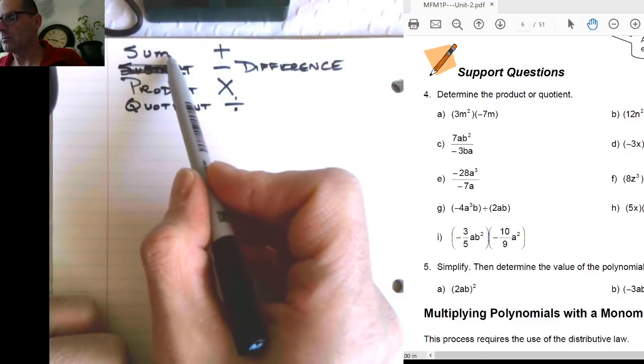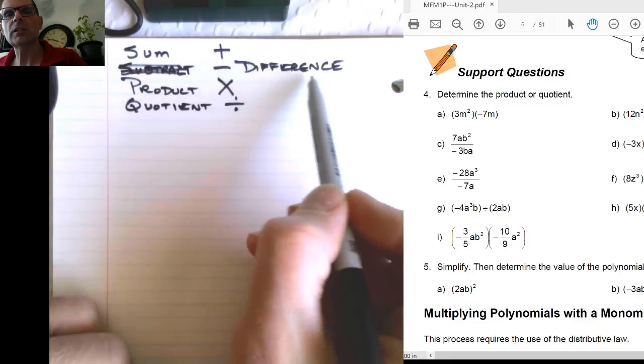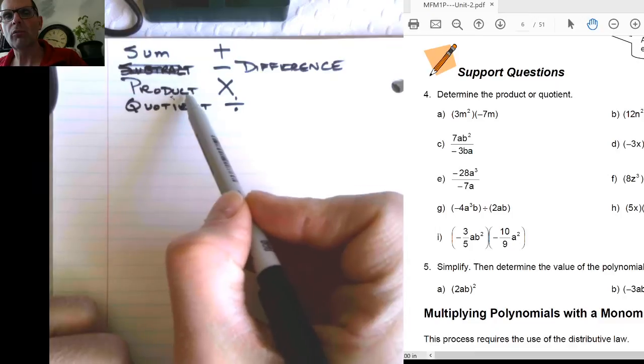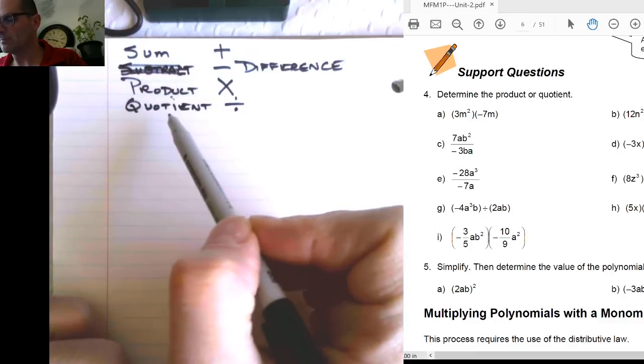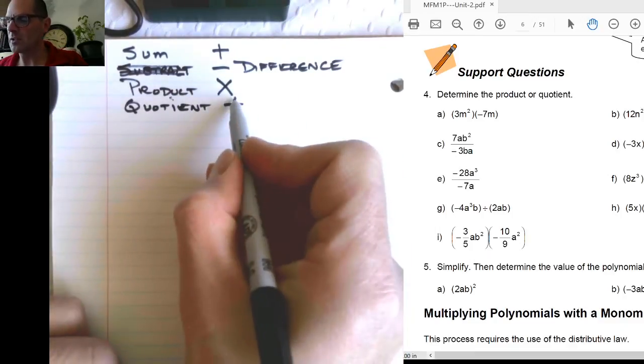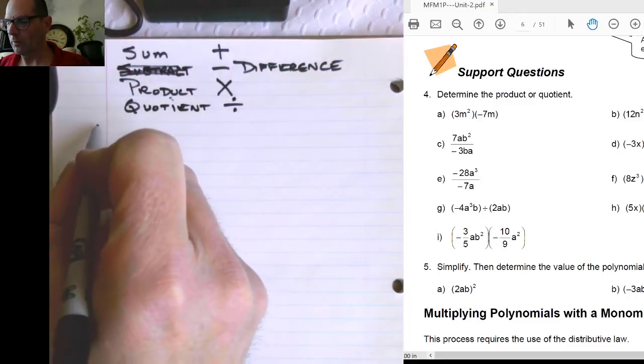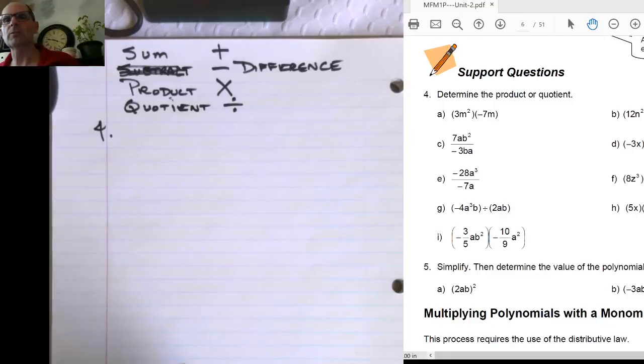Sum relates to addition, difference is the word we use for subtraction, product is the word for the answer to multiplication, and quotient is the answer when we're talking about division. So looking at number 4, it's asking us to determine either the product or the quotient, multiplication and division.